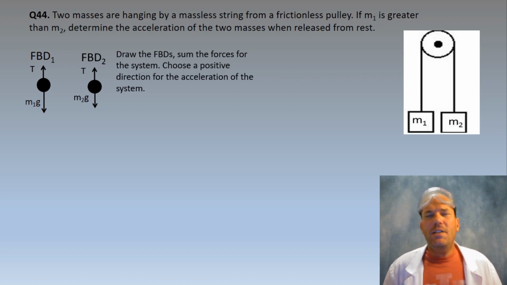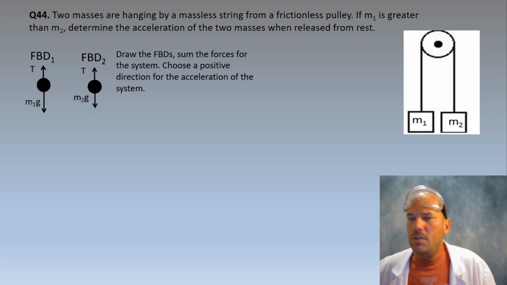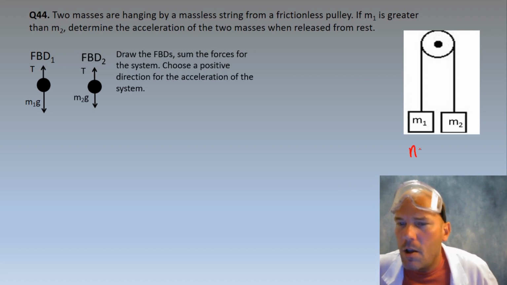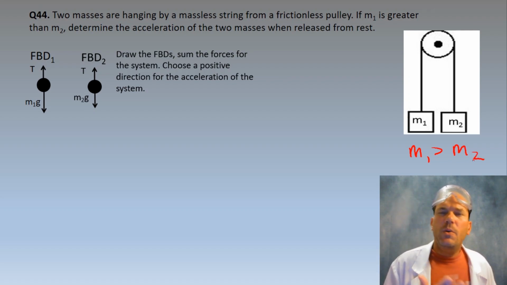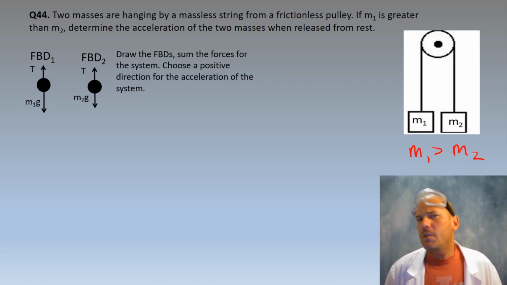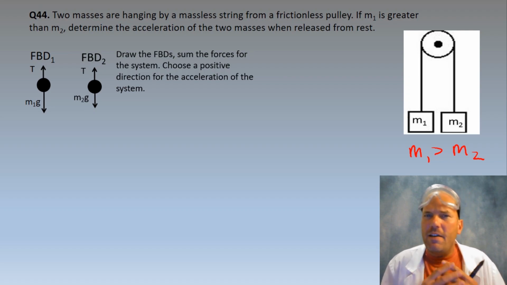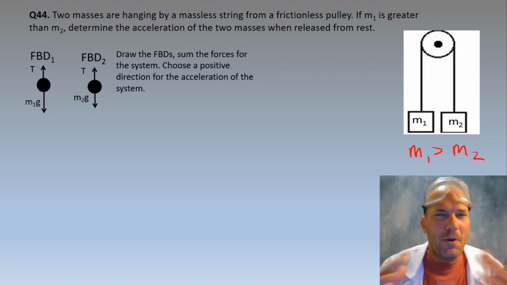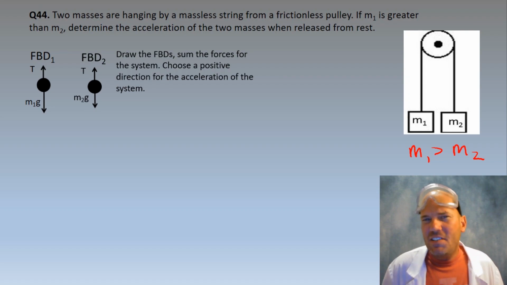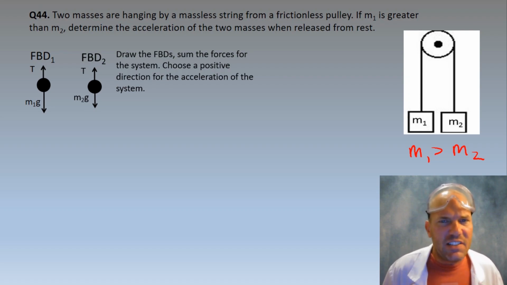If mass 1 is greater than mass 2, determine the acceleration of the two forces when released from rest. And we have no numbers, and that's perfectly fine. We're going to just essentially derive an expression for the acceleration of the system.